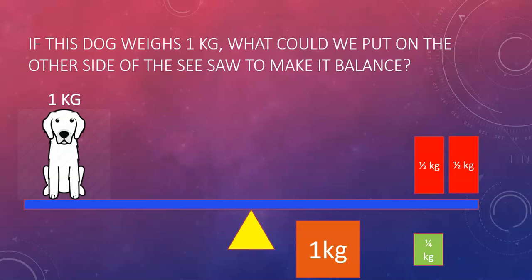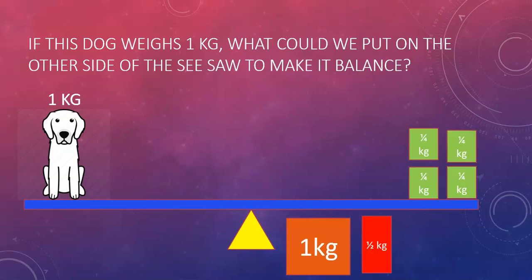Another way we could make the seesaw balance is to use 4 1/4 kgs. If we use 4 of the green blocks, each green block is equal to 1/4 of a kg. So 4 green blocks weighs the same as 1 kg. 4 green blocks weighs the same as 1 dog.